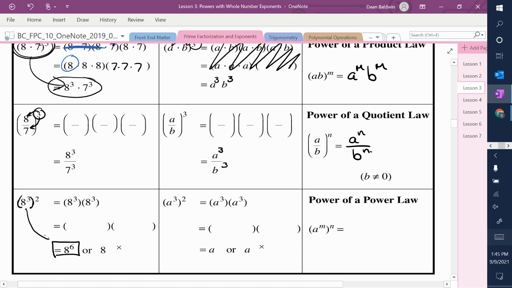What do I do to the exponents? You multiply the exponents. Okay? So if I have a cubed raised to the power of 2, that is just a to the 6. And this is written as a to the m times n.